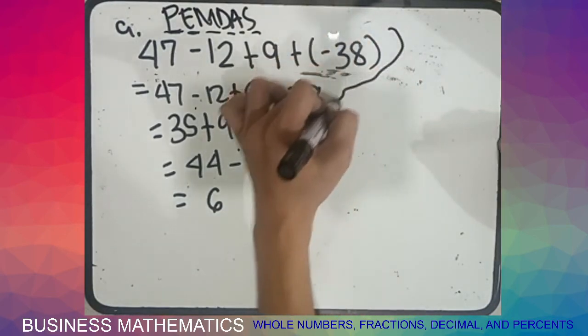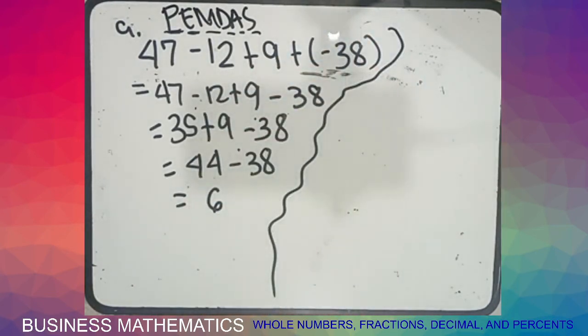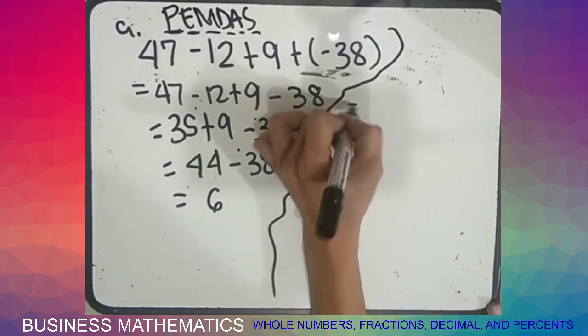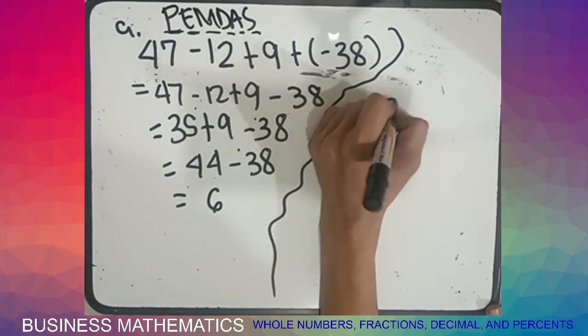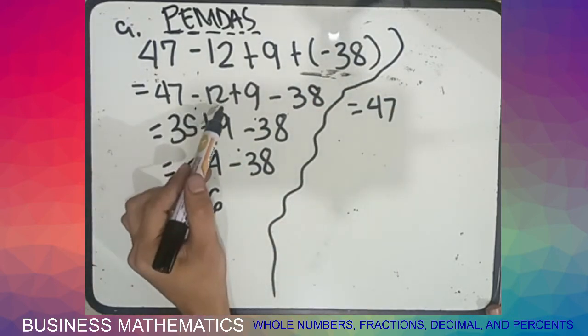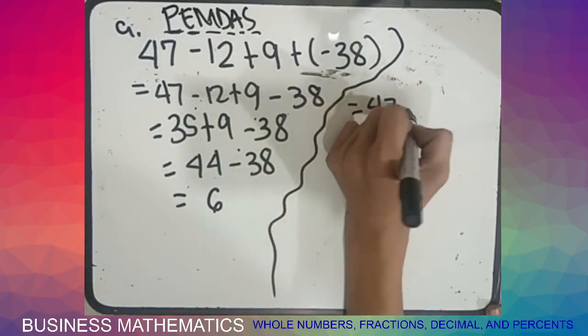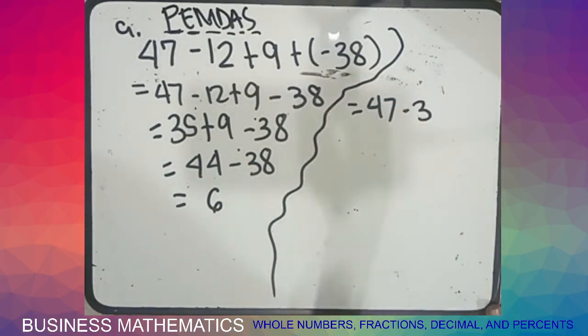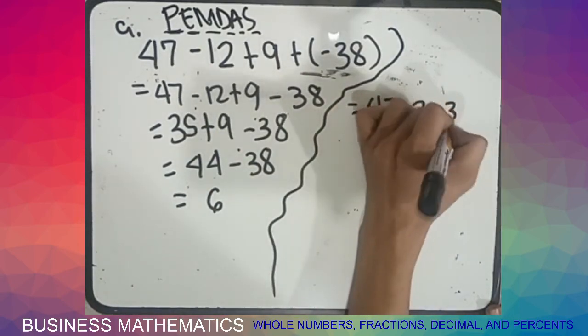Okay. Tingnan natin kung tatama siya kahit unahin natin yung addition kaysa subtraction. So, try natin. 47, negative 12 plus 9 is negative 3. Tama? Okay. Next, minus 38.